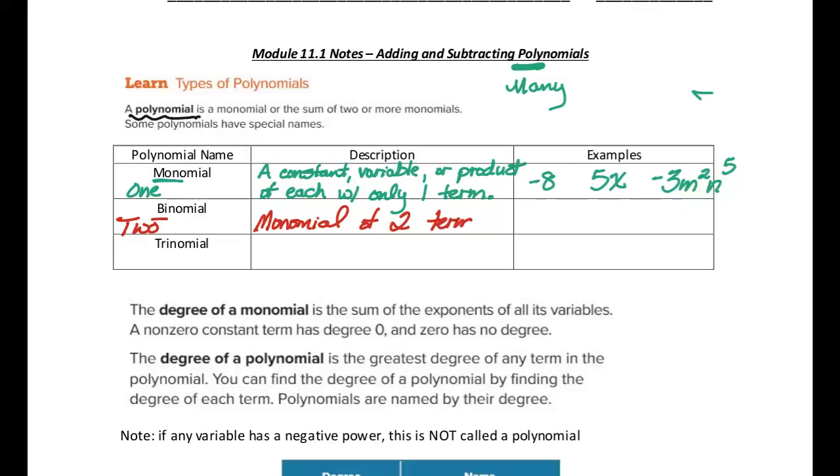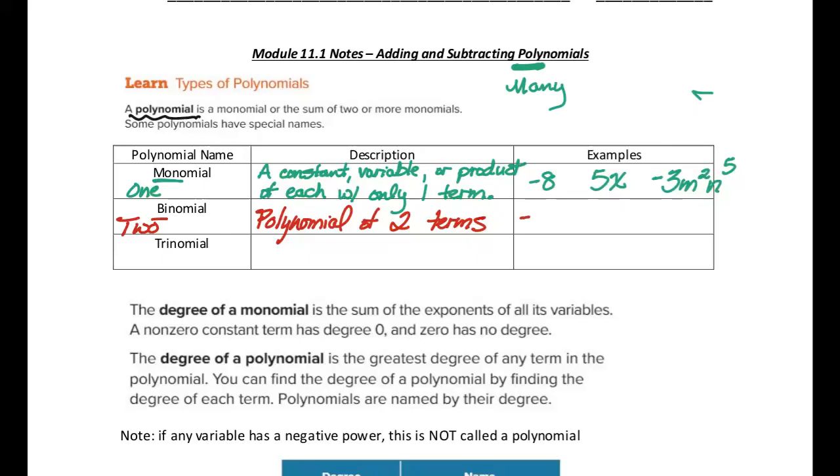And it's not really, I should say it's a polynomial of 2 terms. Sorry. It's a polynomial of 2 terms. And these terms are going to be separated by an addition sign or a subtraction sign.